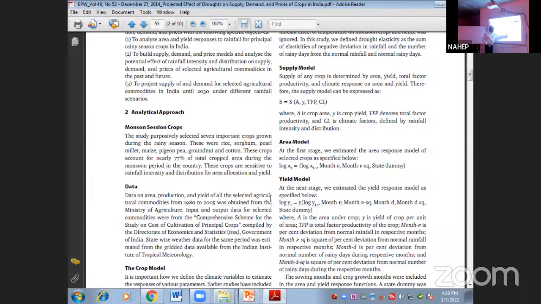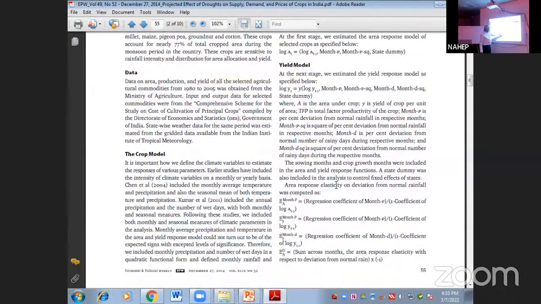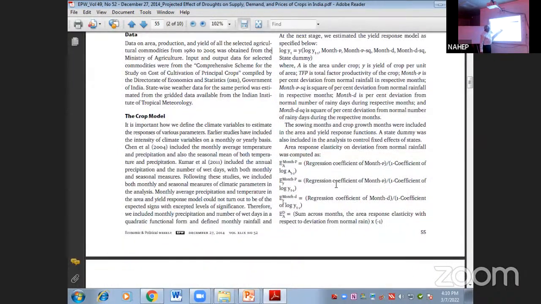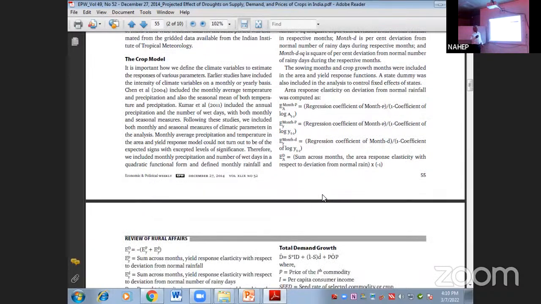Which month is more critical for the growth? Then we write the yield model and compute. We find these coefficients from there, and this will give the long-term elasticity, just like in our model, B divided by 1 minus lambda.